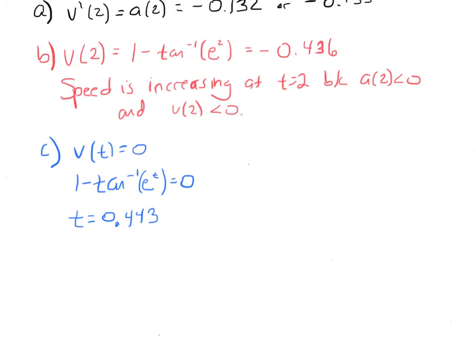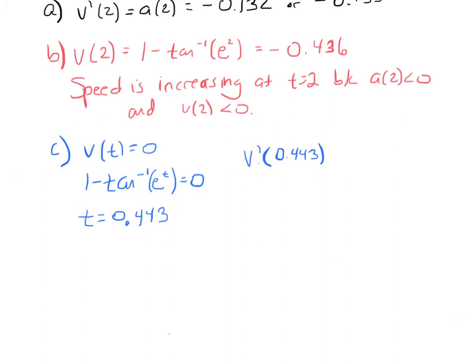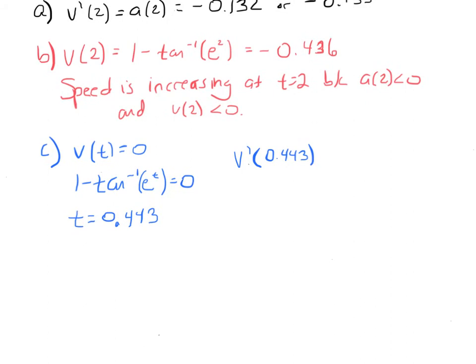Or we can do the second derivative test and take a look at v prime being the second derivative of position. So v prime at 0.443, I'm just going to use my calculator and get that this is -0.455, which is negative.